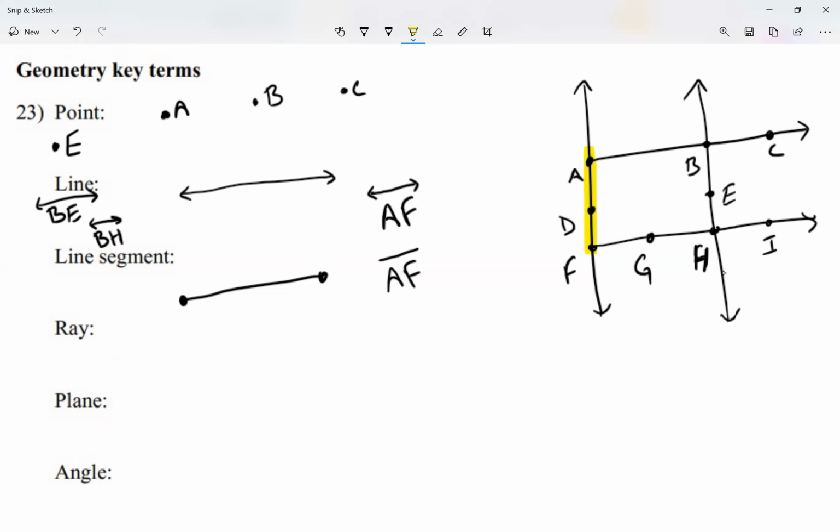It has a beginning and an end. It doesn't go on forever. That's the difference between the line and the segment AF. Is that the only segment that we see on my picture? No. Another segment I could have said is the segment FG. I could also say the segment FI.